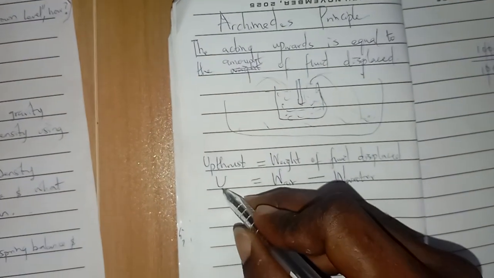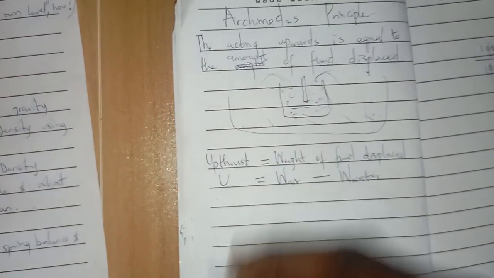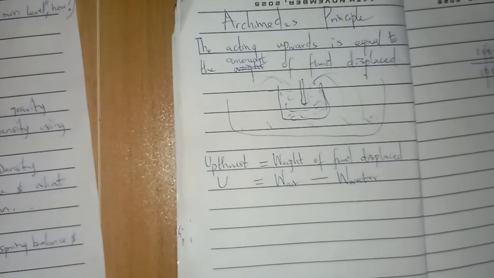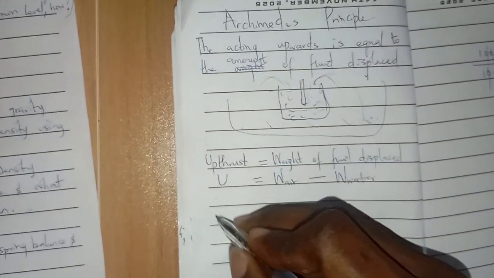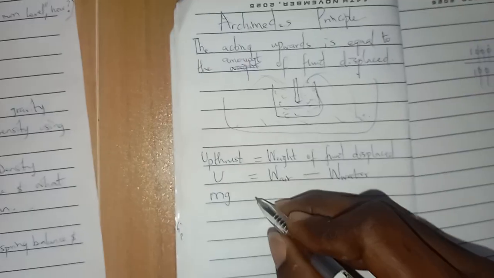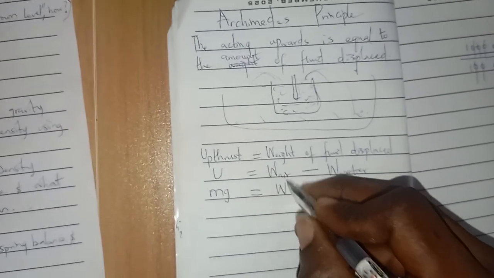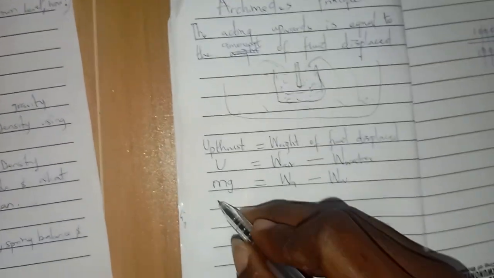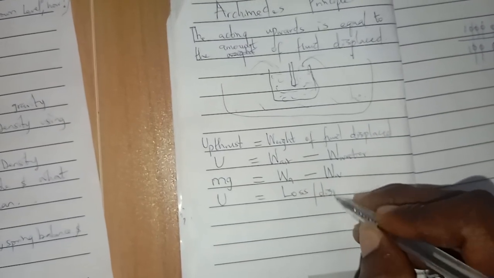Remember, upthrust is a force. Force in a fluid, inside liquid or fluid, is called upthrust, or buoyant force. This is mg, which is equal to W_A minus W. So anytime you are talking about loss, upthrust is simply talking about loss or displaced fluid.